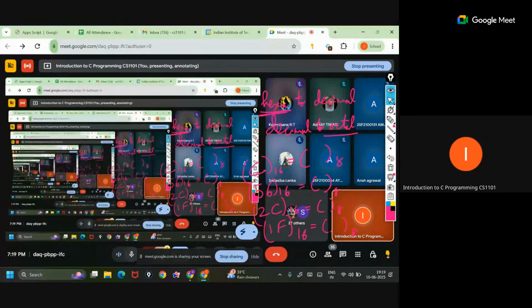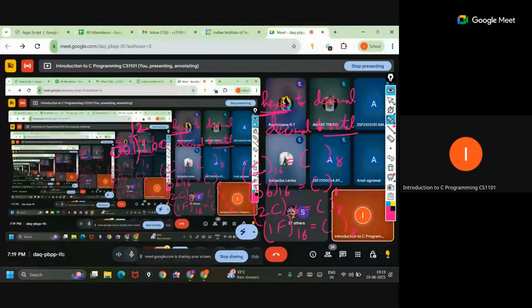So here I have to convert C. C is nothing other than 12, right? So how to write the 12? In binary it is 1100.